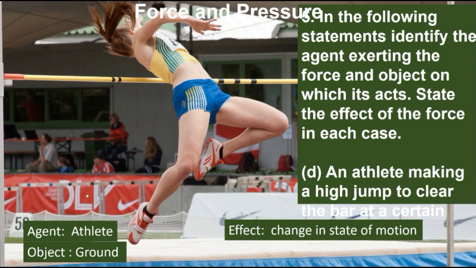What we do is go and take a run for some time, and then suddenly we push the floor, that's the ground, and when we push the ground vertically, our body gets up, right? And then when we jump up, we clear the bar here. Okay, so this athlete is doing the same thing.